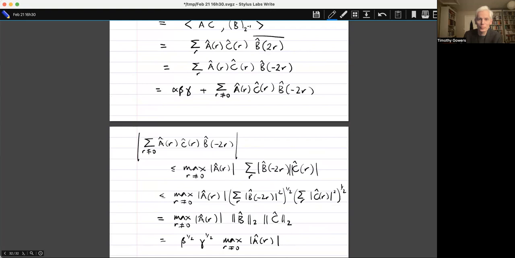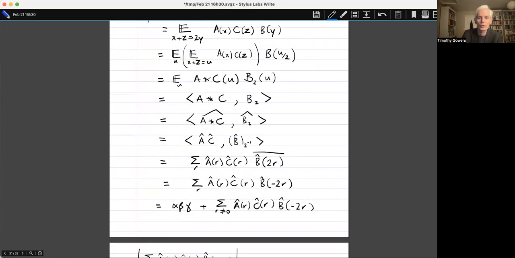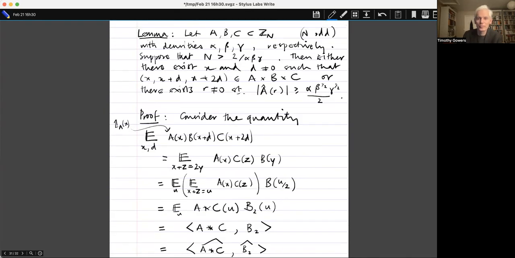Remember that, so if it cancels out even half of this alpha beta gamma term, then the max over r not equal to 0 of a hat r is greater than or equal to alpha beta to the half gamma to the half over 2, which was the conclusion that we wanted up here.